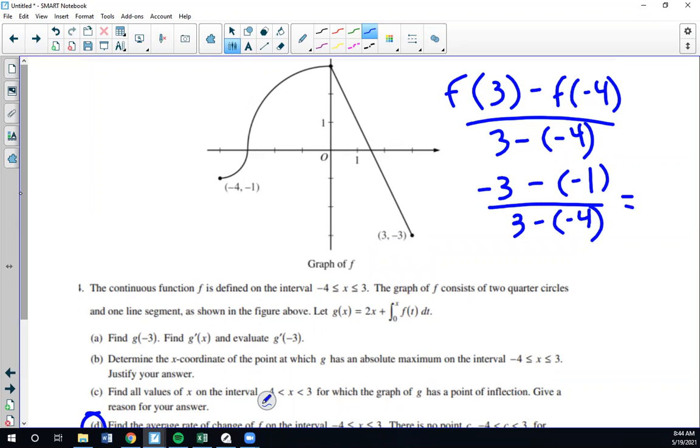And that is -3 minus a -1, which is -3 plus 1, is -2. 3 minus a -4 is 3 plus 4, which is 7.